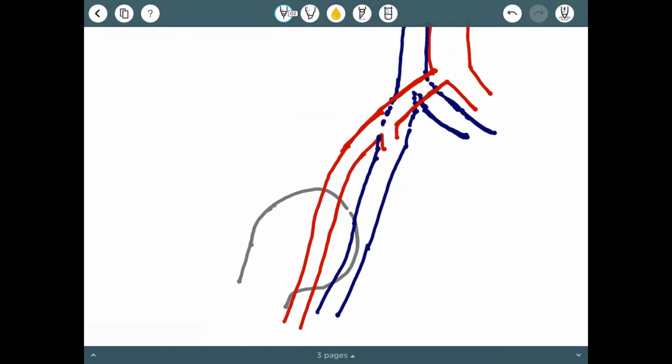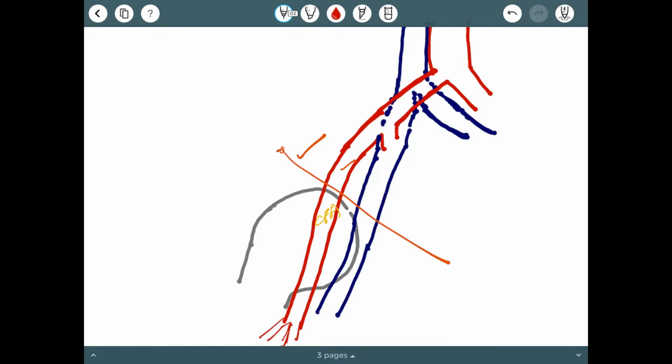If you see further, we know from anatomy that the common femoral artery is a continuation of the external iliac artery. So beyond the inguinal ligament, this is the inguinal ligament, the external iliac artery continues as the common femoral artery, which further divides into the superficial femoral artery and the profunda femoris artery.